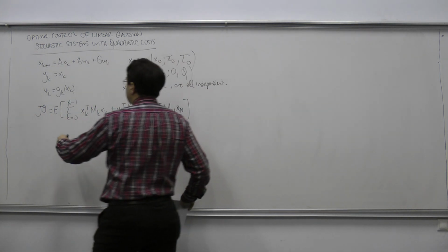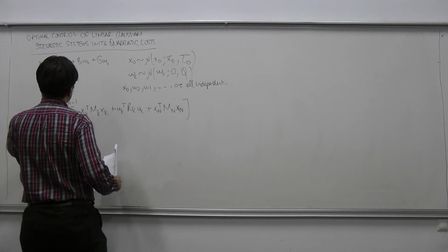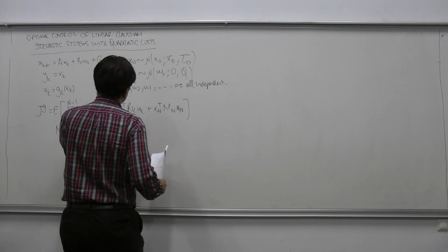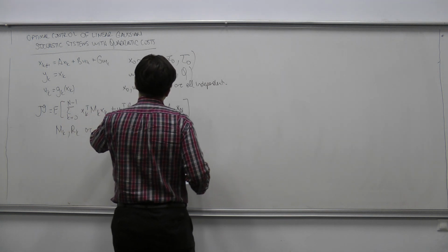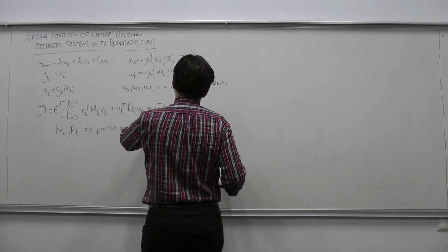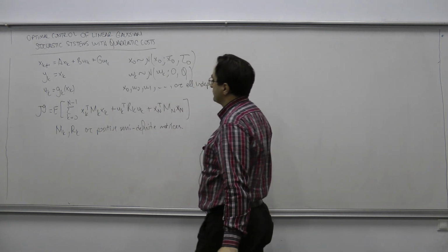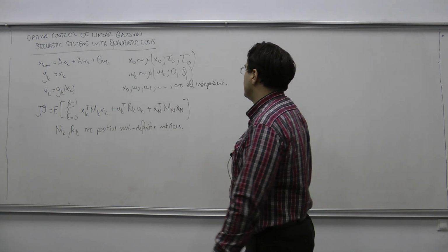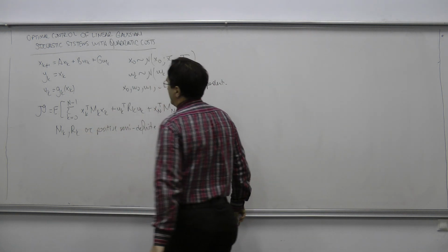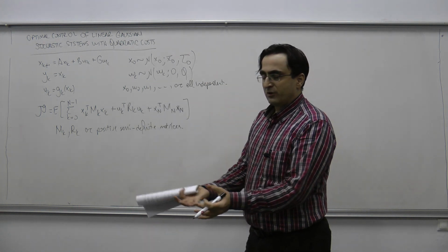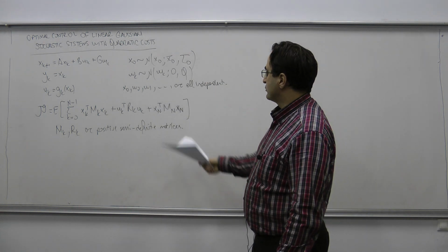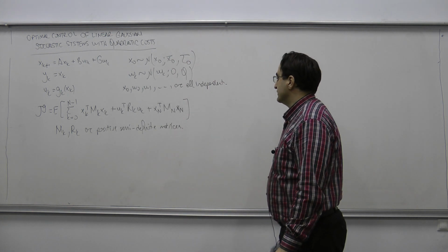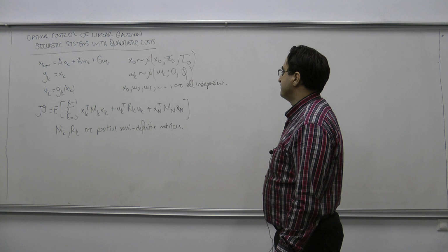So here these M_k and R_k are positive semi-definite matrices. Remember, these are called quadratic forms. For this function to be a bowl-like function that we can minimize with respect to the inputs, we need M_k and R_k to be positive semi-definite matrices. Okay?